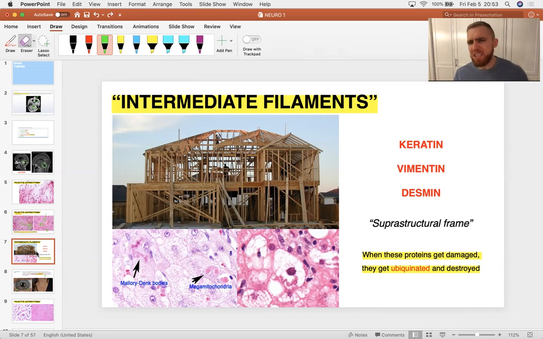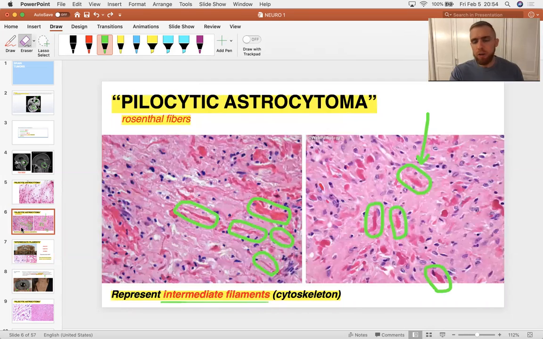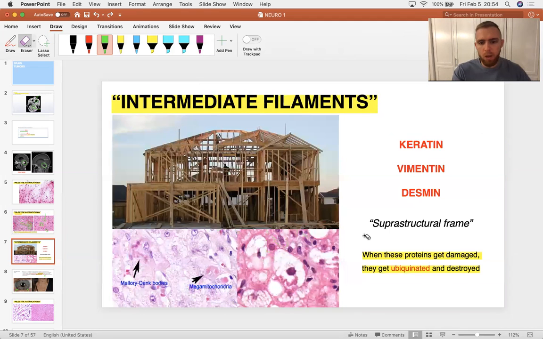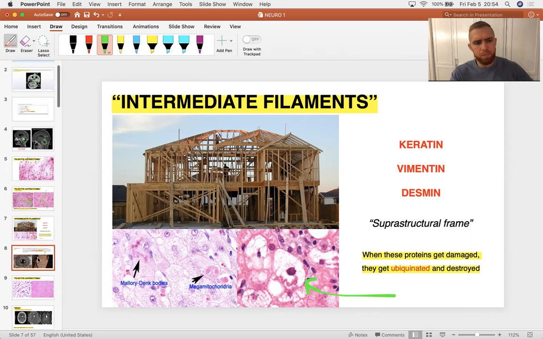But when the damage outpaces the rate at which you can get rid of these proteins, they back up. And so you get these aggregates that are known as Rosenthal bodies in the pilocytic astrocytoma, but you can also see them in the liver in the setting of alcoholic liver damage, and then they're called Mallory bodies. So this will pop up again with the intermediate filaments.